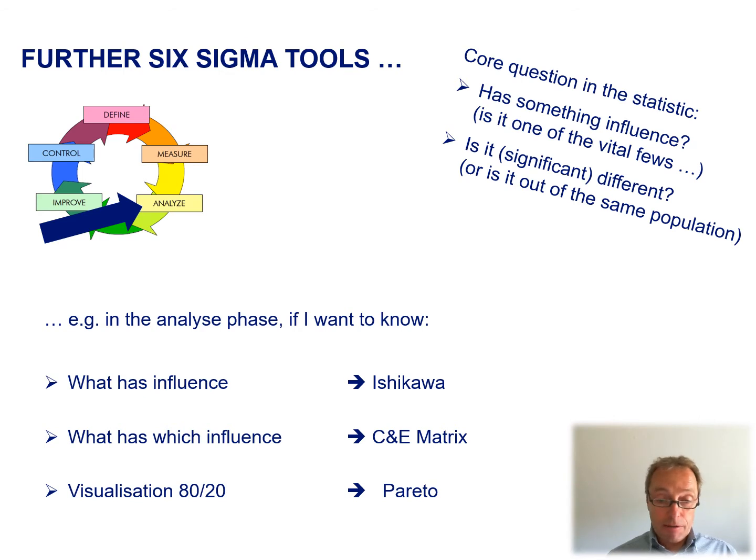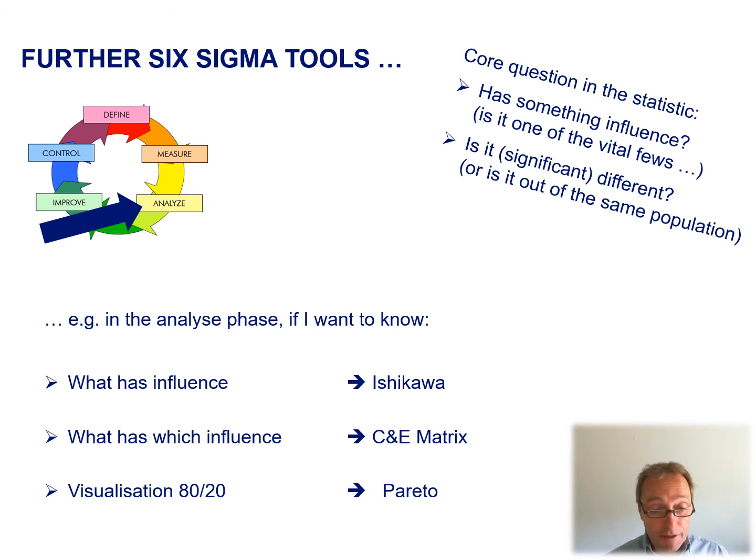In the analyze phase, I want to show you the Ishikawa, the cause and effect matrix, and the Pareto diagram. This is important because in statistics, we have the questions: has something influence and is something significant? These are the core questions.